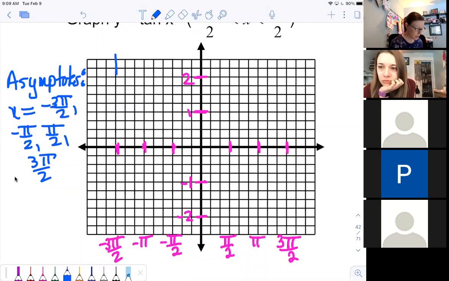So we're going to sketch them in first. Again, that'll be the main thing we focus on. So to create a tangent graph, the first thing we would find would be, where are the asymptotes of the graph?